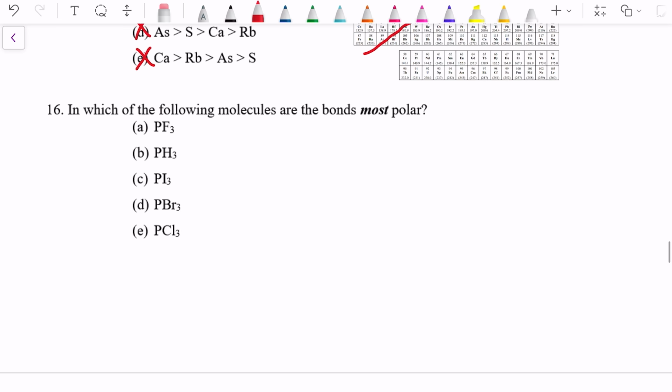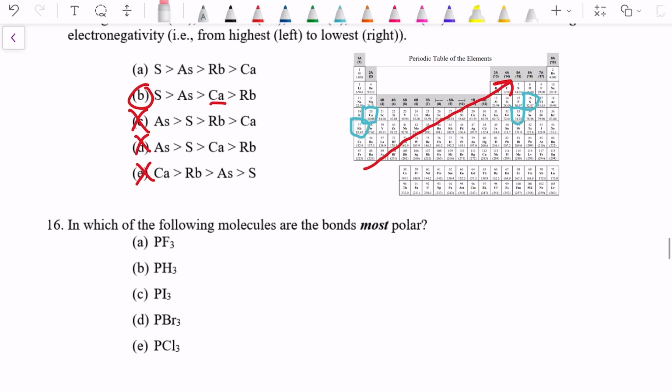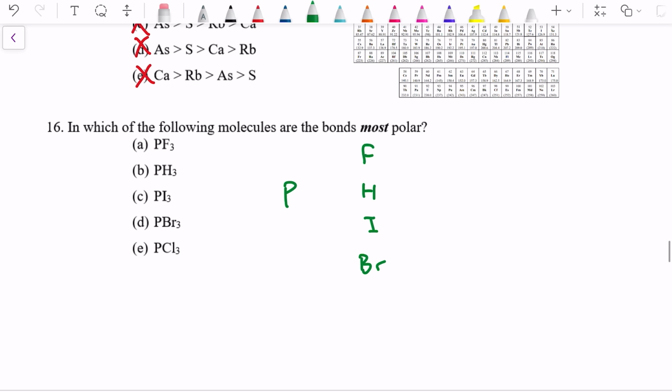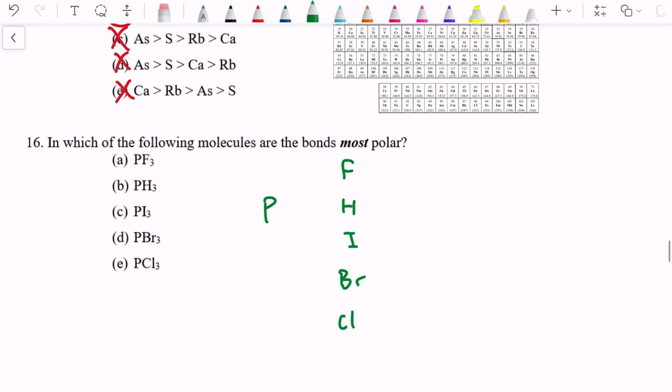16. In which of the following molecules are the bonds most polar? Pretty much another electronegativity question. I'm just going to use the periodic table above. Looks like we are always bonding with phosphorus, and our options are fluorine, hydrogen, iodine, bromine. So our options are the halogens plus hydrogen for some reason.